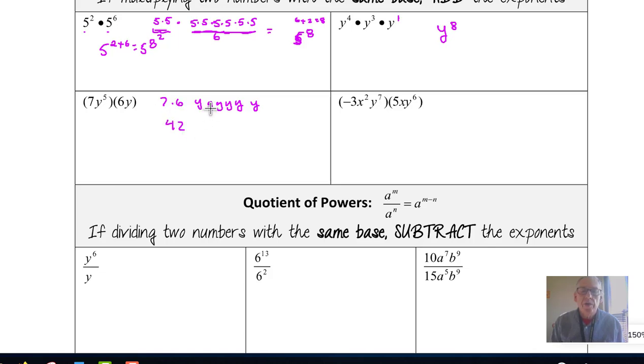If we count the y's, we have 1, 2, 3, 4, 5, 6 y's. So 42y to the 6th is the final answer for this one. So numbers go with numbers. That's where the 42 comes from. And 5 y's and 1 more y. 5 plus 1, y to the 5 plus 1 is y to the 6th. So that's where y to the 6th comes from.